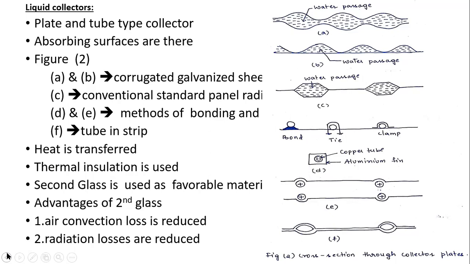For water systems, if water or any fluid is flowing, the absorber plate can be any metal, plastic or rubber sheet which has water channels. Mainly it should have water channels.